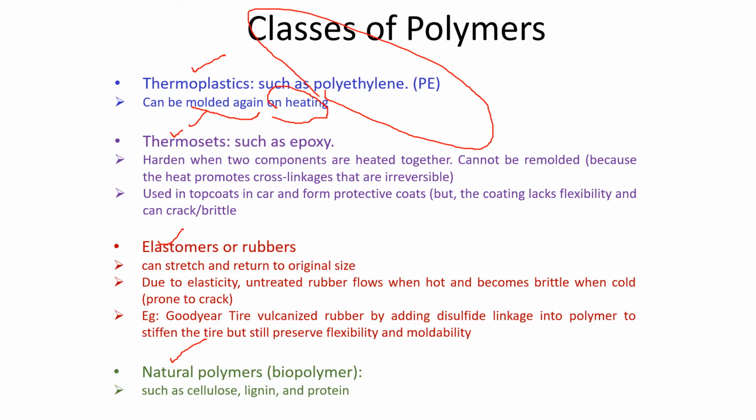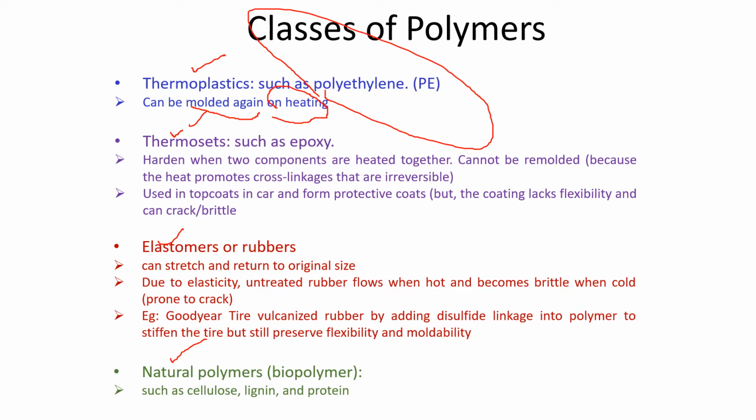Thermoset means that once it is set at a certain temperature, it is made into the end material, the final material, and it cannot be remolded again. Why? Because they are already hardened together upon heating.